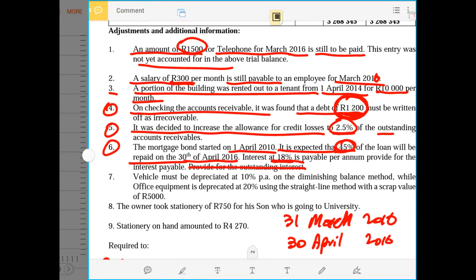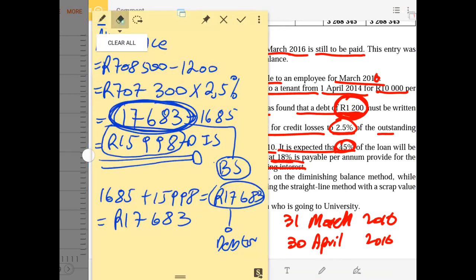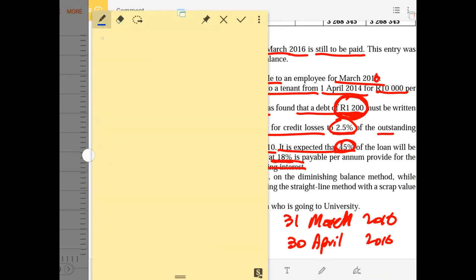So now that we know that our loan is 120,000 rands, meaning interest will be 18% of the loan. 120,000 rands times by 18%.